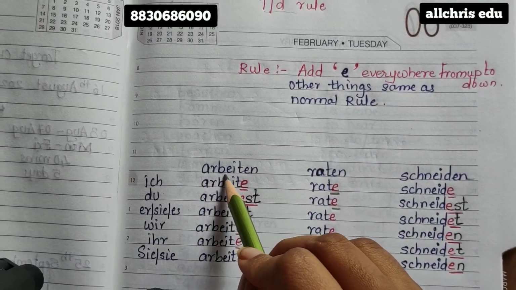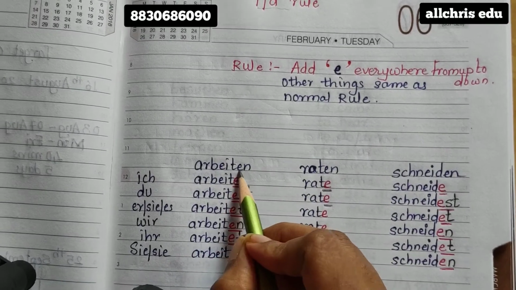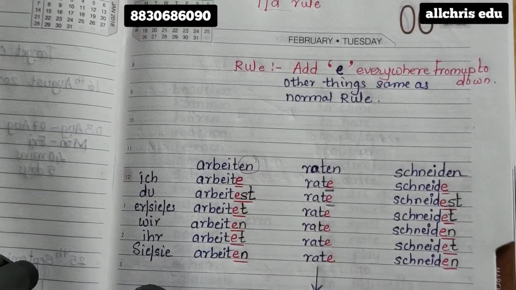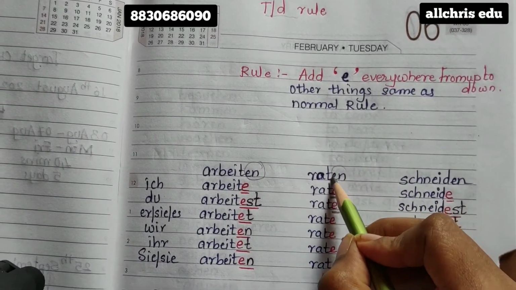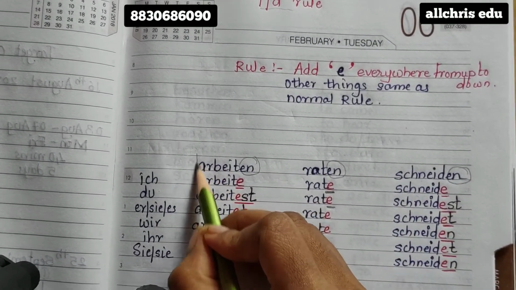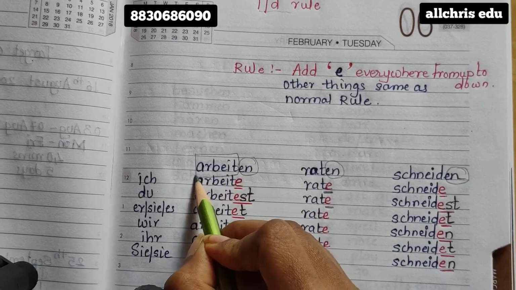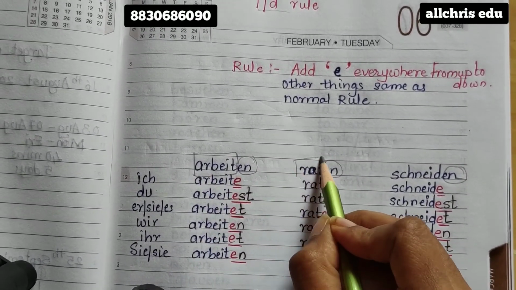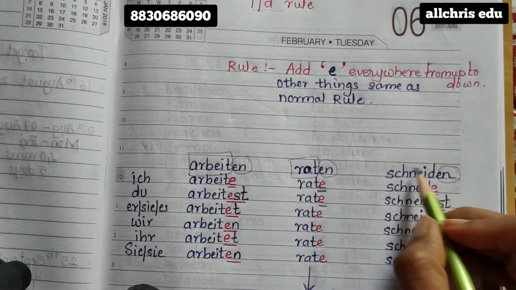Like for example, arbeiten. If you cut en in all the words, and then just observe the starting, only observe the starting.